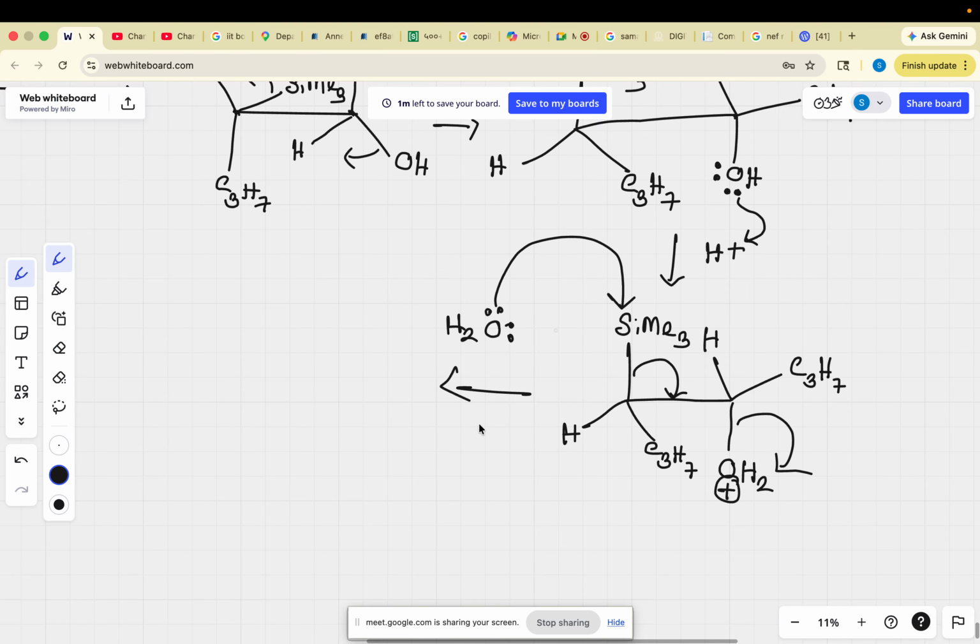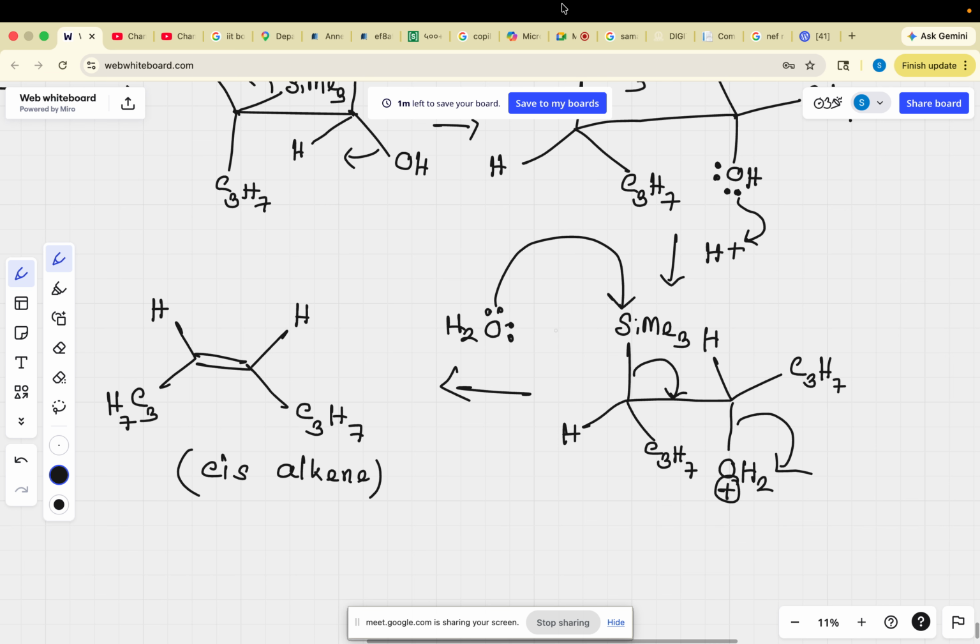Okay, now see what will be the product. Here both the hydrogens are on the same side. Hydrogen, hydrogen, this side you have C3H7, this side also you have C3H7. So this is your cis-alkene. You are ending with cis-alkene.